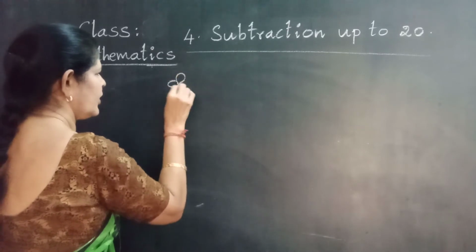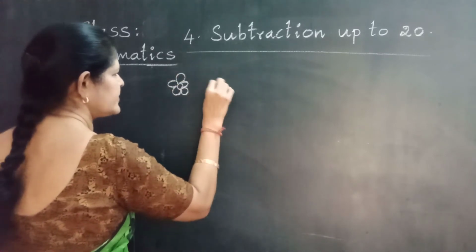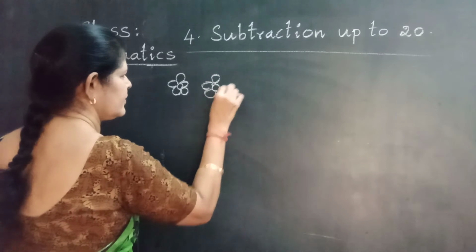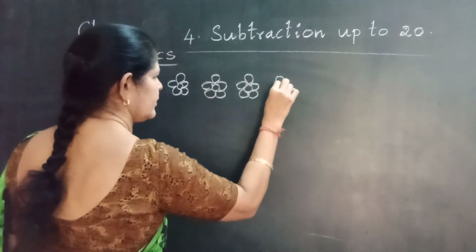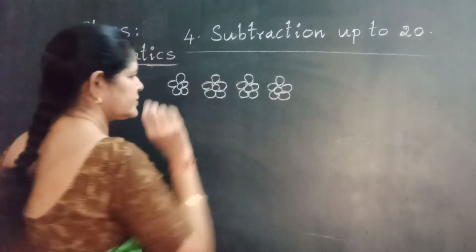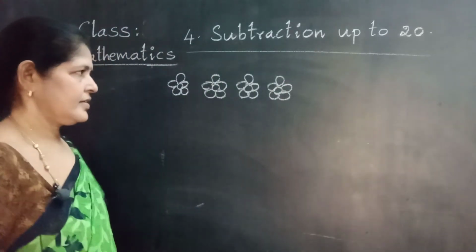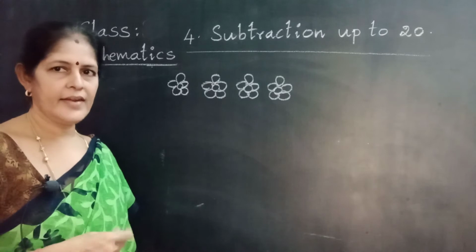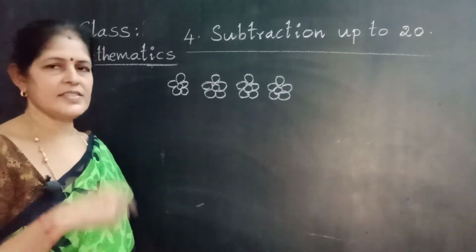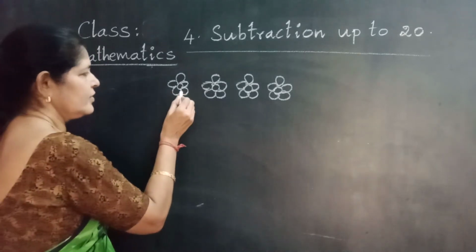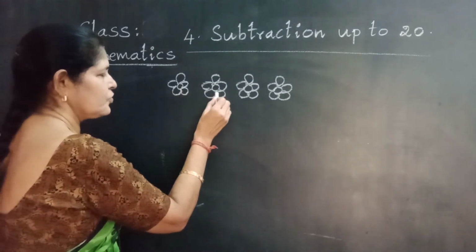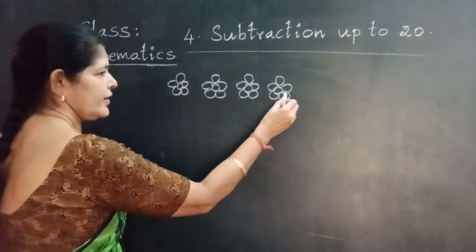Flowers. What are these? Yes, flowers. See, I had some flowers. How many are there? Count. 1, 2, 3, 4.